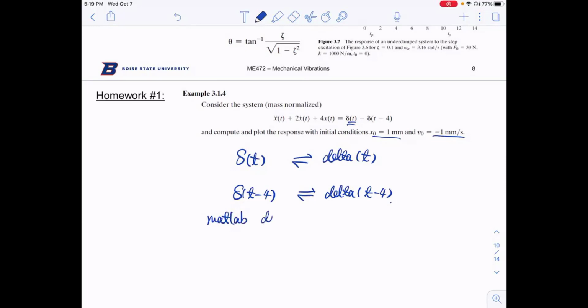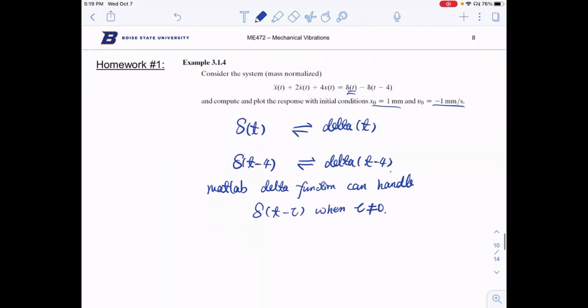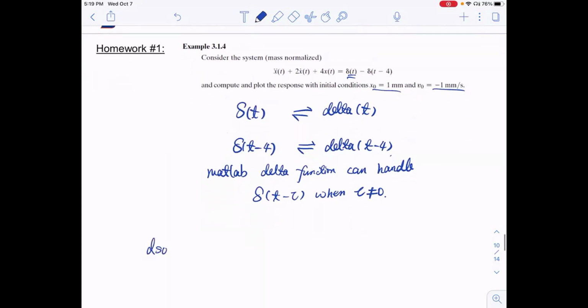MATLAB's delta function can handle this. So what you are doing here is you use dsolve, right?